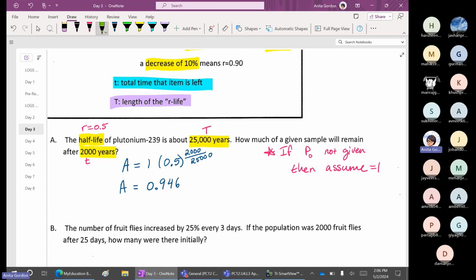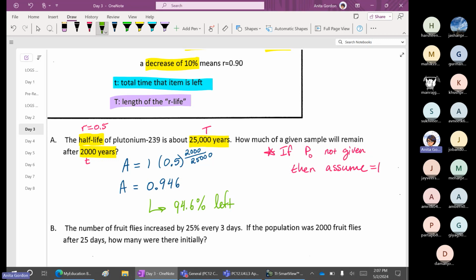Basically what this is saying is we are going to be left with 94.6%. So any amount that we start with, if we wait 2000 years to measure it, we are going to be left with about 94% of whatever we started with.